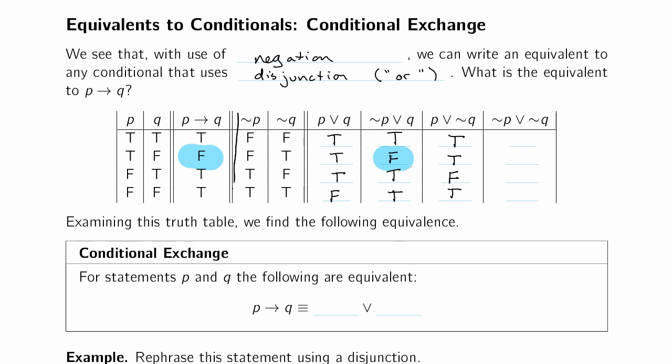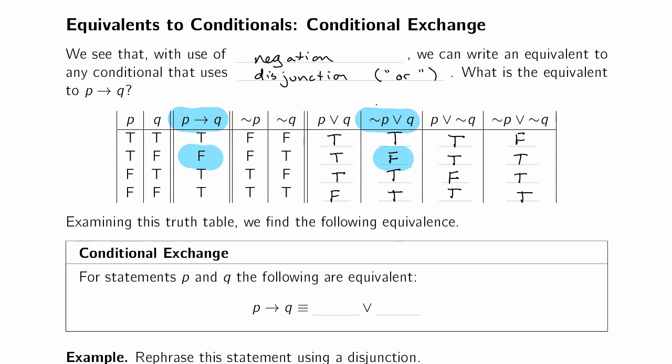And then not P or not Q, that's going to be false when both of those are false, and true the rest of the time. So we see that the statement that's equivalent to if P then Q is our not P or Q.